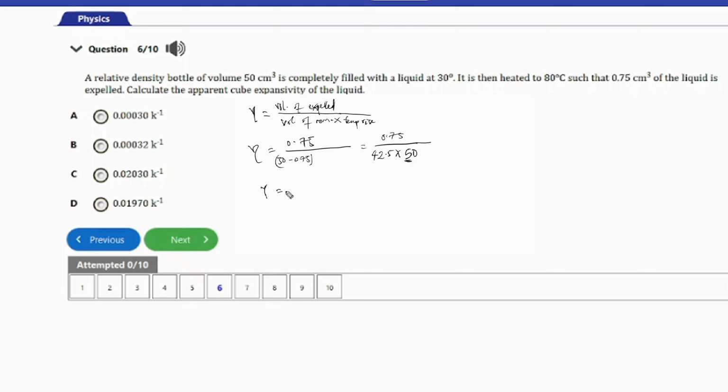So guys, when you calculate these together, you're going to have 0.00030 per Kelvin. So that's the cubic expansivity of this liquid, and that's option A here, guys.